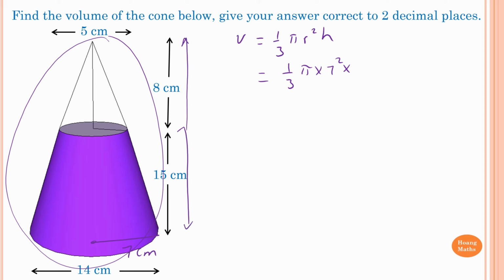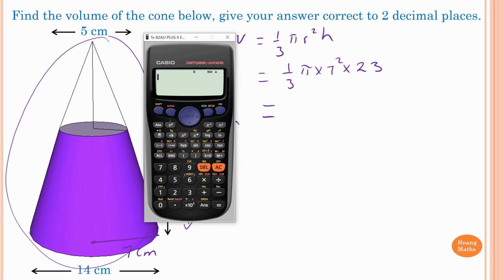So 15 plus 8 is 23. So the height is 23 centimeters. So 1 over 3 times pi times 7 squared times 23.